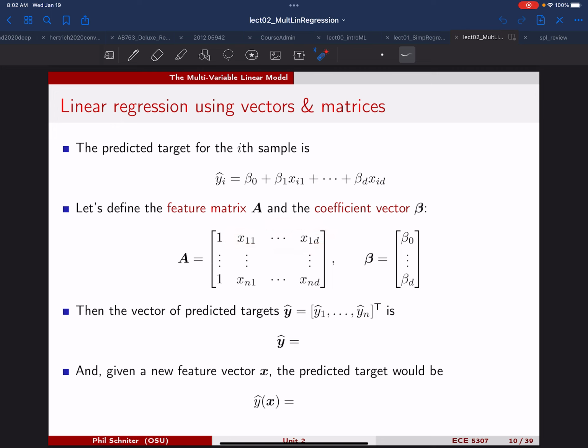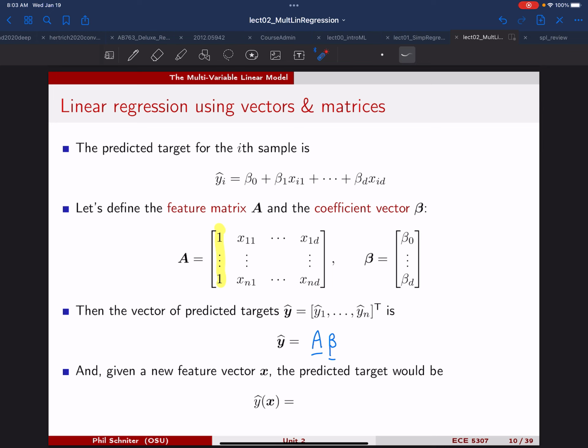But we're going to append onto this a column of ones. The column of ones is there so that we can write matrix A times vector beta to give us our vector of targets.